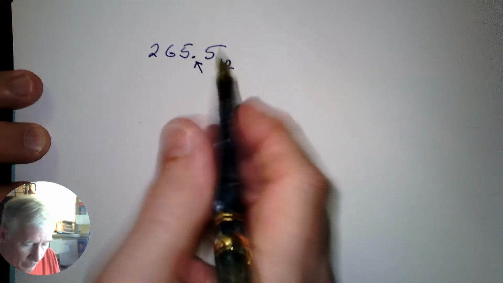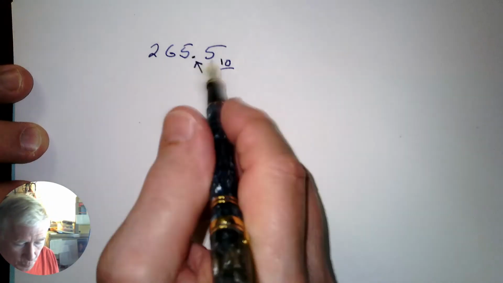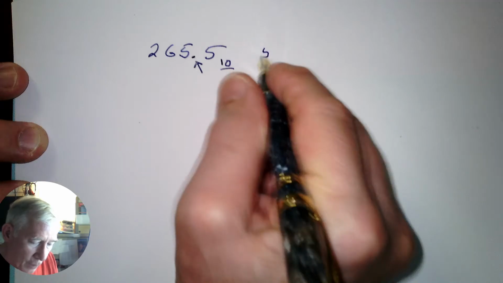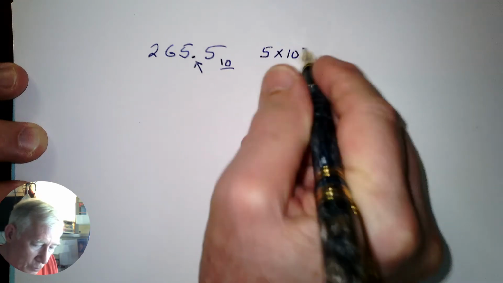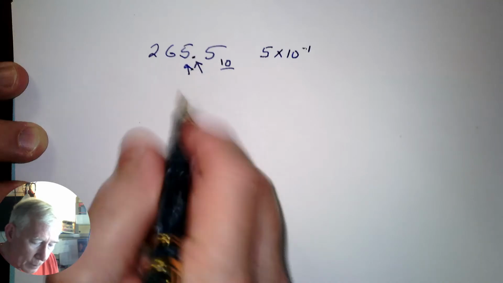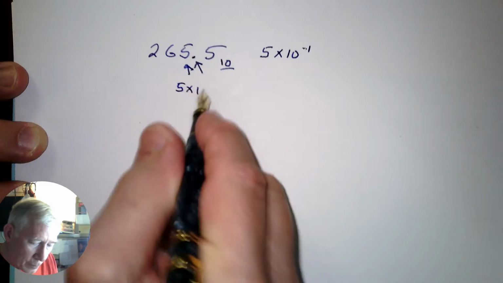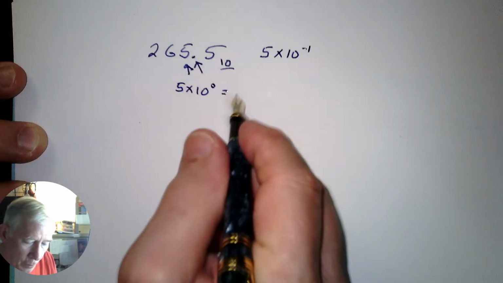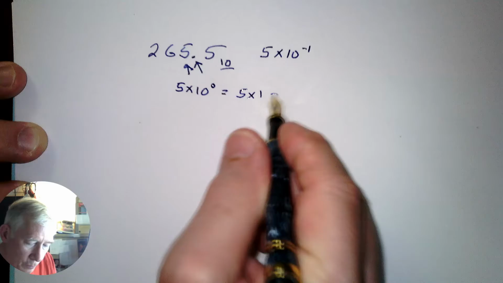You know that the first place to the right of the decimal point is tenths, which in this particular number is 5 times 10 to the minus 1. And you know that this 5 here represents 5 times 10 to the 0 power, which equals 5 times 1, which equals 5.